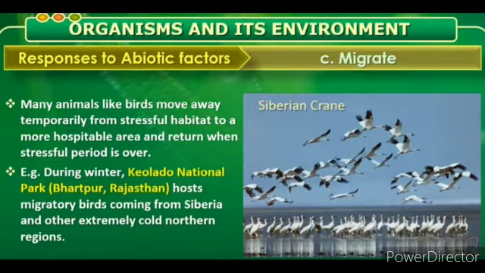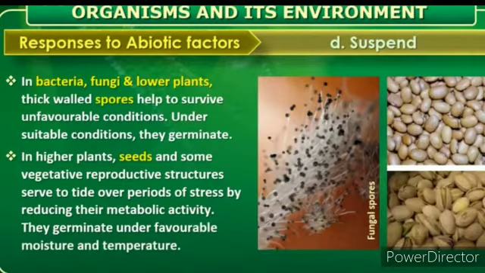Many animals, particularly birds, during winter undertake long distance migration to more hospitable areas. Every winter, the famous Keoladeo National Park, Bharatpur in Rajasthan, hosts thousands of migratory birds coming from Siberia and other extremely cold northern regions. Next point, suspend.